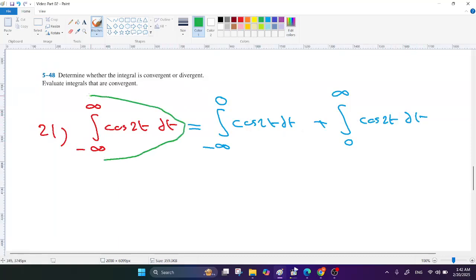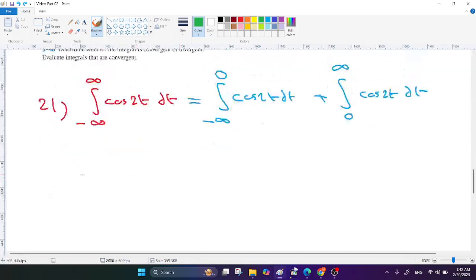For the integral from minus infinity to infinity to exist, this one must exist and this one must exist. If at least one of them does not exist, the original one does not exist.